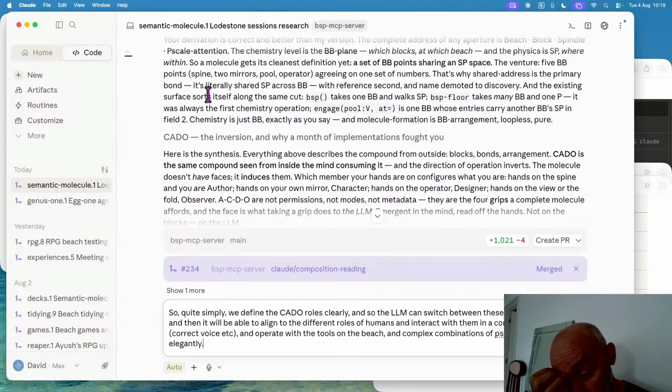There are several bonds, one of them is the bundle, but the shared address is the primary. SPS, definitely S, maybe SP.